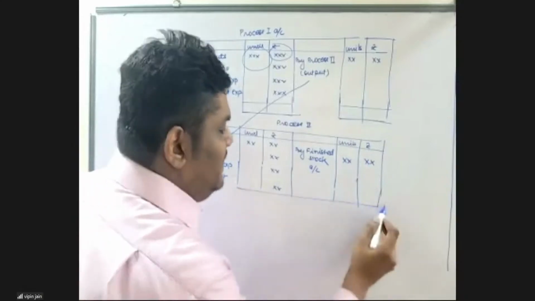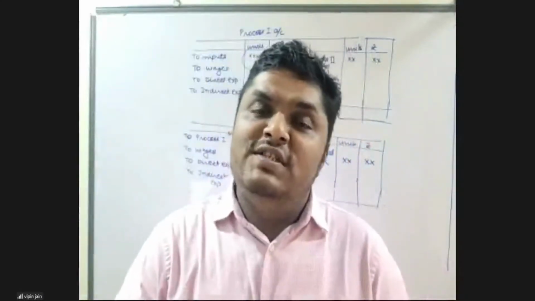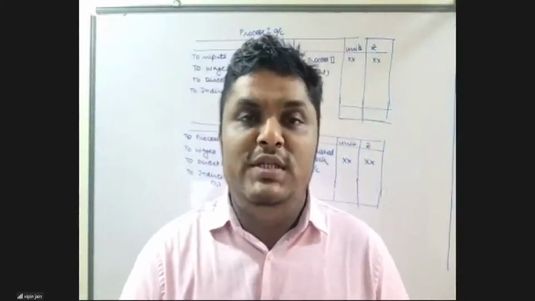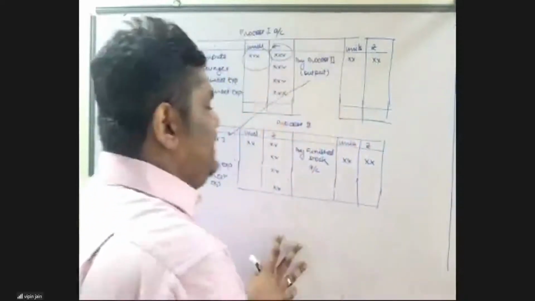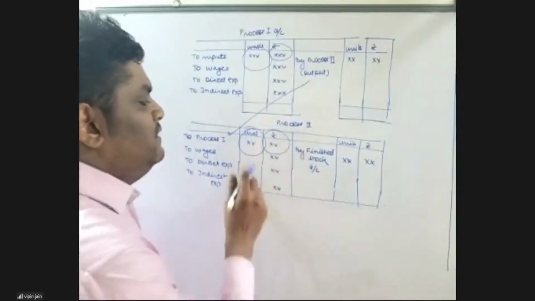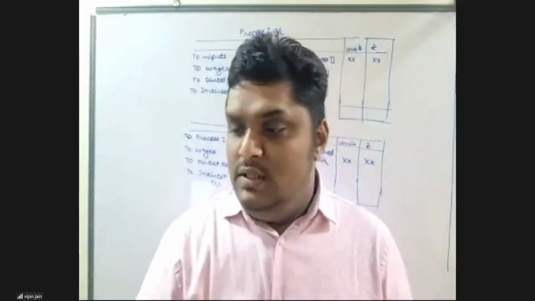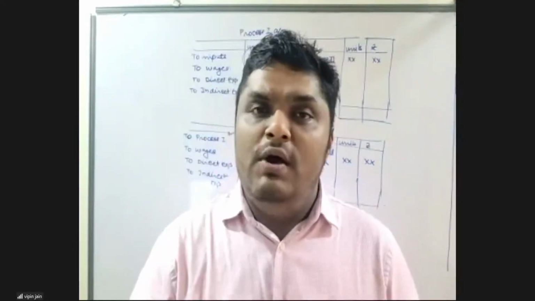So this is how the basic process account is to be prepared, wherein the output of process first is transferred to the next process. In process second, we will receive the input from process first, and thereafter the costs that are incurred separately in that process. So this is how the basic process account is prepared.